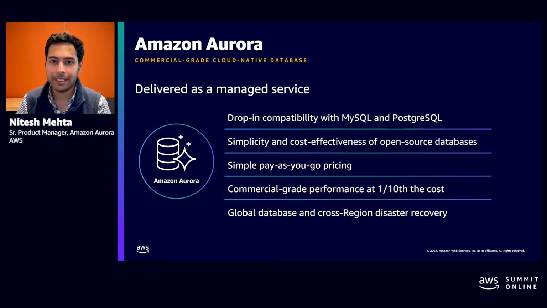And what that means is if you're using a MySQL or a PostgreSQL database today on your on-premise deployment, EC2, or a different cloud provider, you can easily use Amazon Aurora with no code changes. We also provide multiple value-add features, such as global database and cross-region disaster recovery.